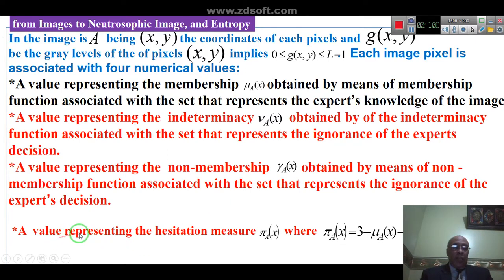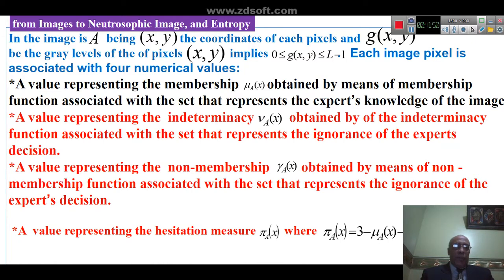The fourth value represents the distance measure, where this function equals 3 minus the sum of all 3 values of the memberships. The function equals 3 minus mu A of X minus nu A of X minus gamma A of X.